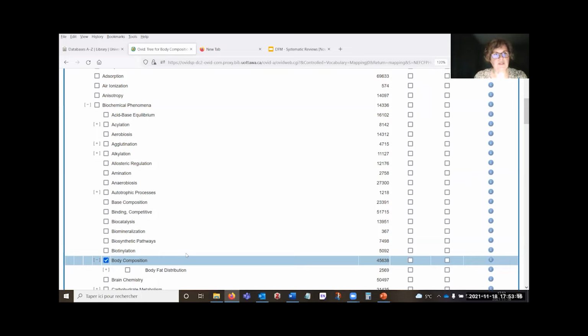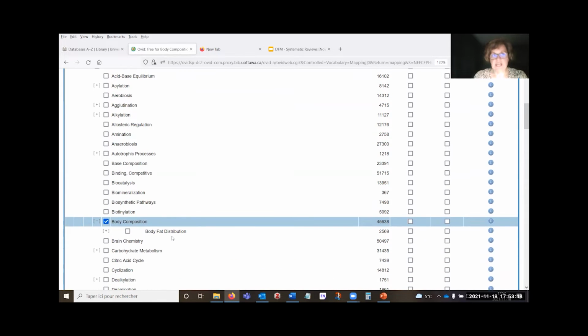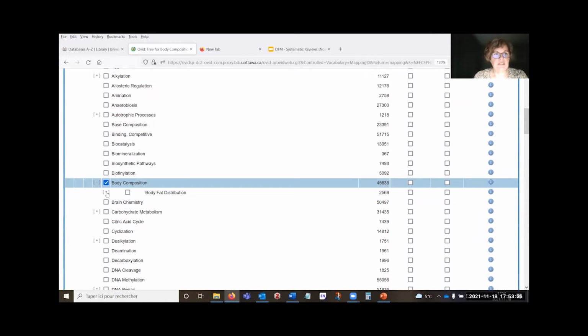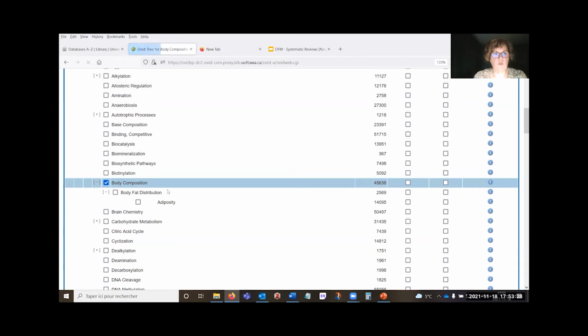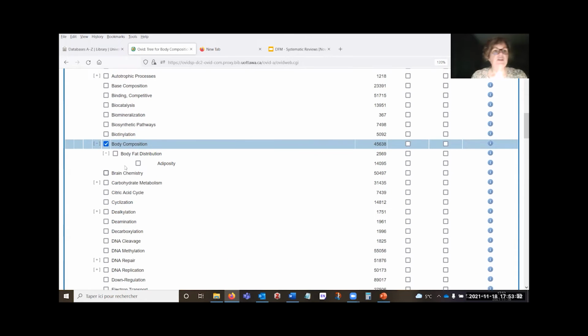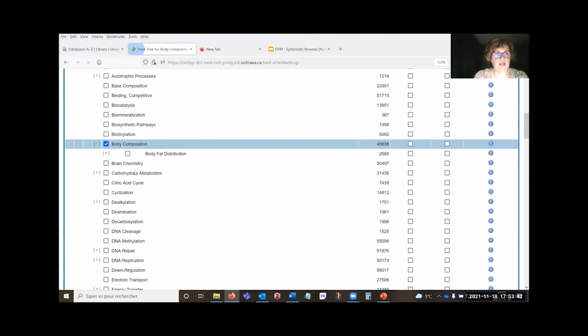Every subject heading in Medline and all these databases is organized in a hierarchy. What is interesting here is what we find under body composition. Under body composition, we saw body fat distribution, and it's a bit indented, if you see. And then there was a plus sign. Sorry, I clicked on it a bit too fast. So there's a plus sign.